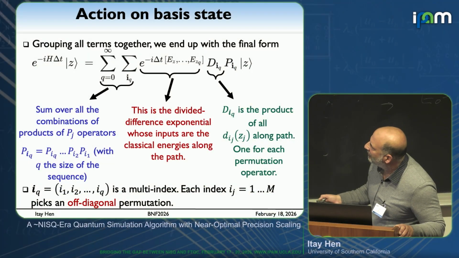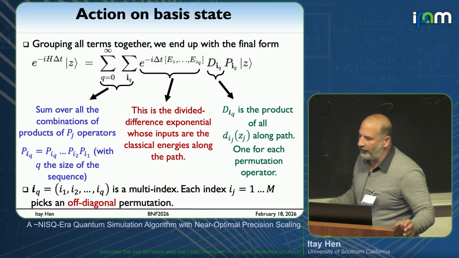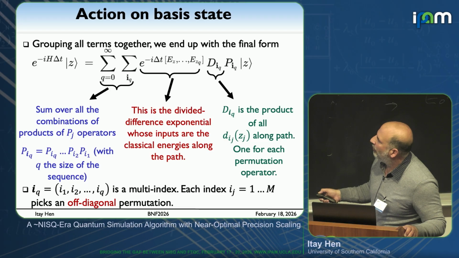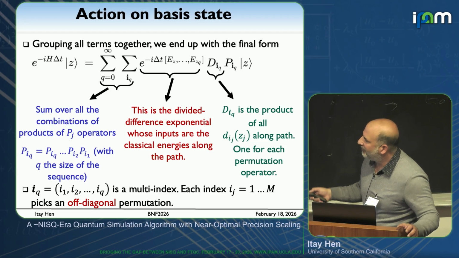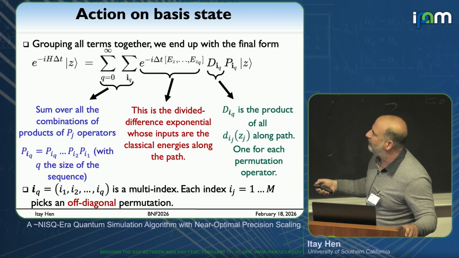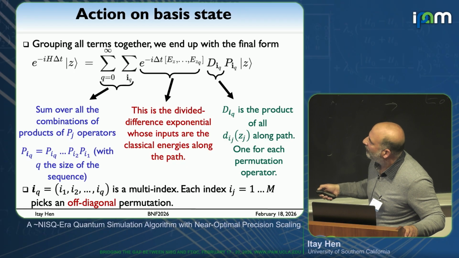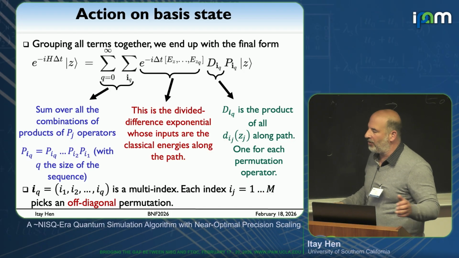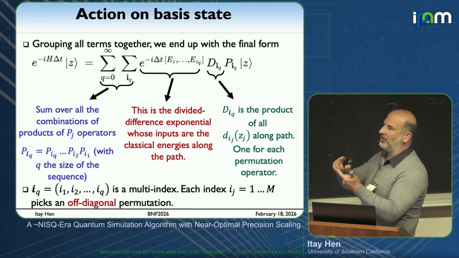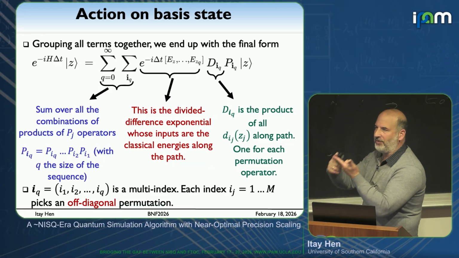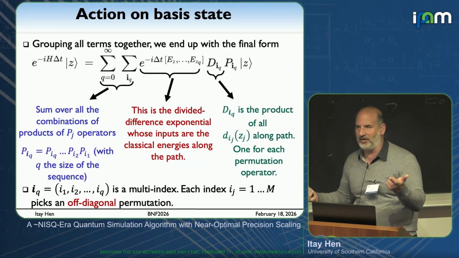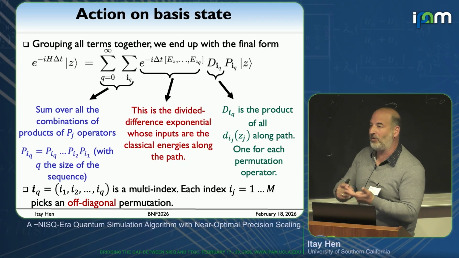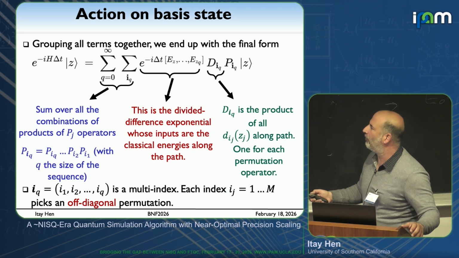So just imagine that for every core, every product of P's, we sum up all the terms that have the same core. So we end up summing over all the cores. What does this mean? It means that we're summing over no permutations, then all the single permutations, P1, P2, P3, however many appear in the Hamiltonian, and then all the pairs, P1 P2, P2 P3, P1 P1, and so on, because we have to sum over all the cores.